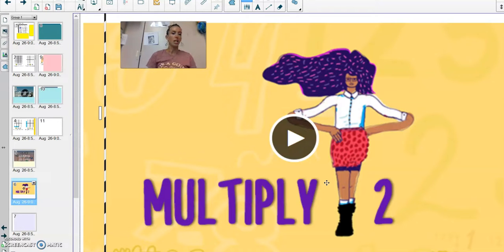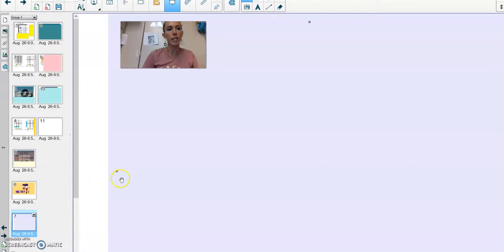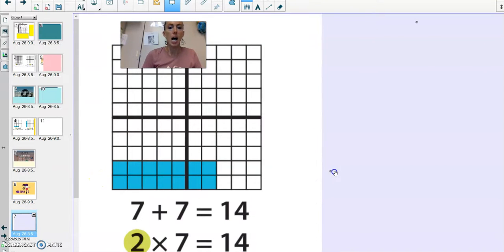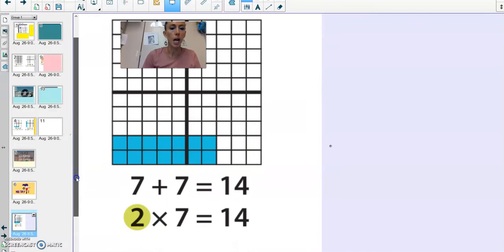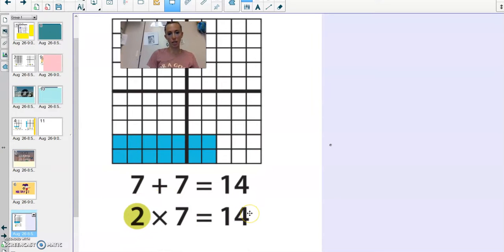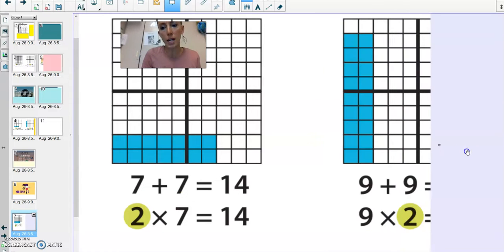I love that one. Okay, so 2s. What do we do with 2s? Well, let's look at 2 examples here. I have 2 times 7 shown here. 2 groups of 7. So I colored in 2 groups of 7. I'm doubling the 7. Okay, I got a double going on.